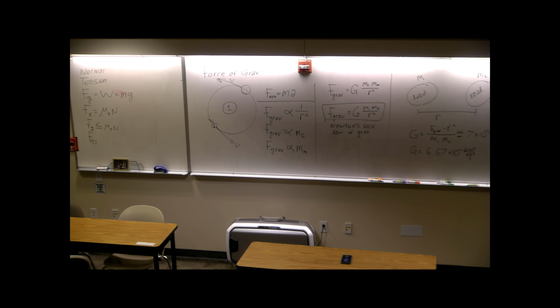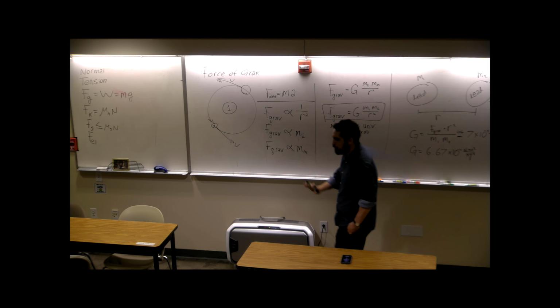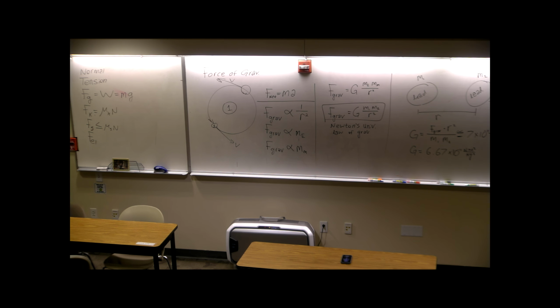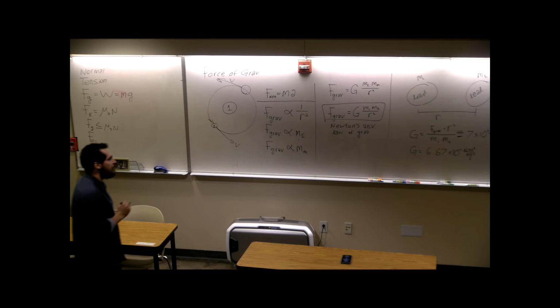Cavendish was not all that far off. I think we have a few more decimal points after that, but we'll round. Cavendish was not all that far off with his estimation as to what the universal gravitational constant is.